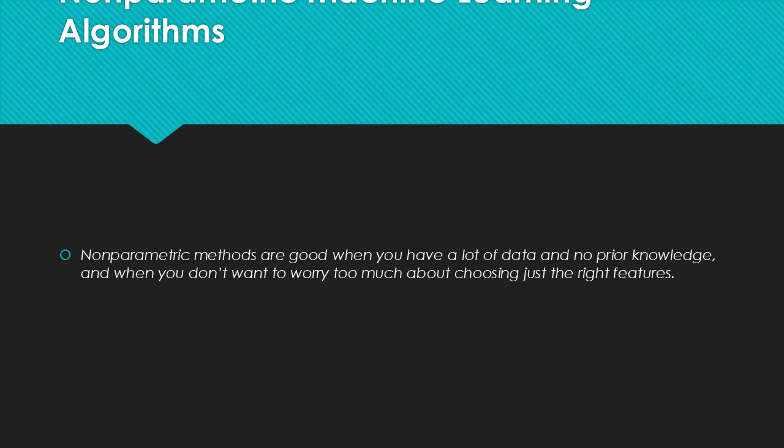If we have a lot of data, then for choosing the number of parameters there is no need for prior knowledge about the data. We need not worry about whether we are extracting the correct features or whether the number of parameters we select is right.